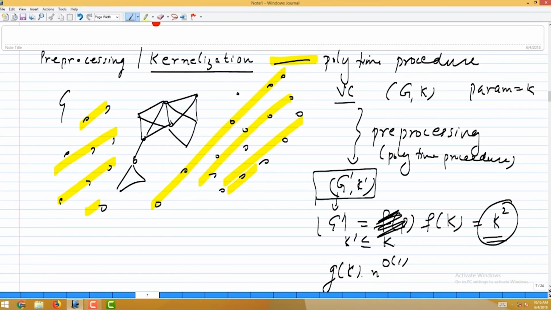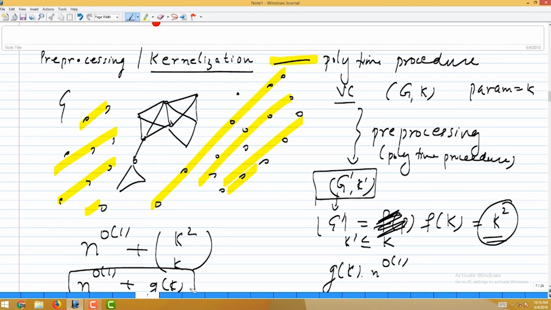So how much time have you taken to solve this problem? You would have spent some polynomial time here plus some k square choose k time. So the time that you have spent is some polynomial in k plus k square choose k time. At least as of now this looks like polynomial times some g of k function, and I leave this as an exercise.